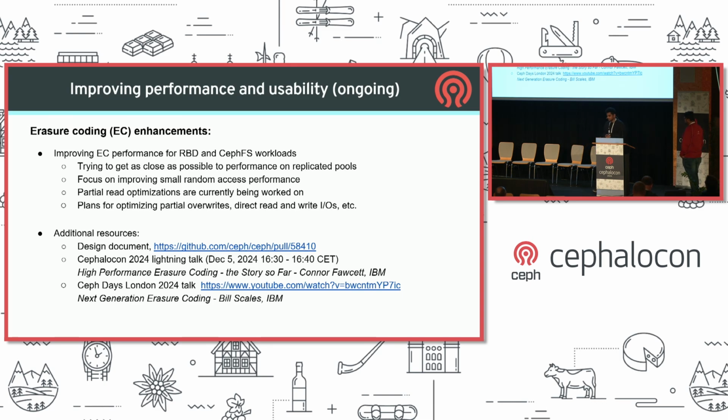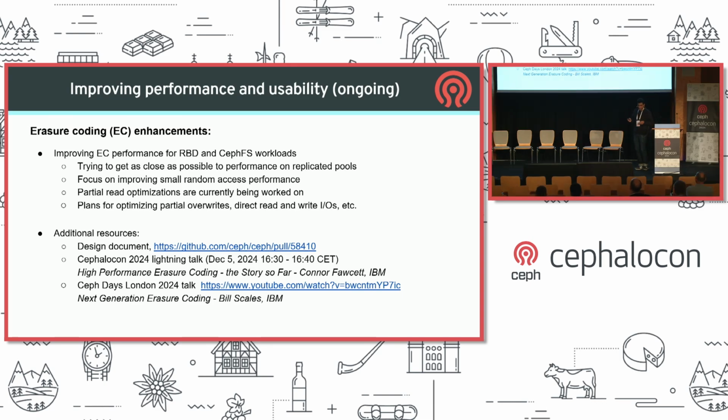And there's already been a lot of talks about erasure coding enhancements. Right now, erasure-coded pools aren't as performant as replicated pools, especially for small random access performance, which means block and file workloads.